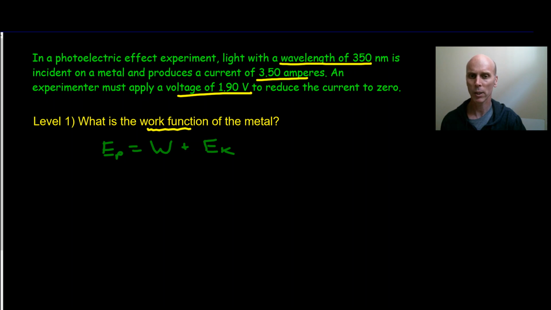What you then want to do is start teasing out the formulas where it's necessary. If we don't know the photon energy, then we want to write down the formula hc over lambda to calculate the photon energy. Work function we do not know, but we're going to try and solve for. And then the kinetic energy: there are two ways to view kinetic energy in this experiment.